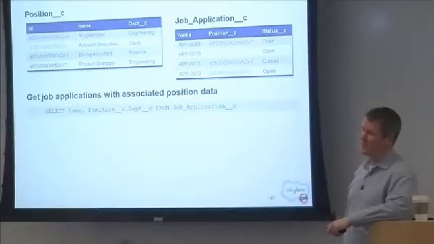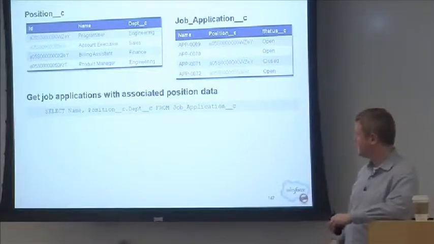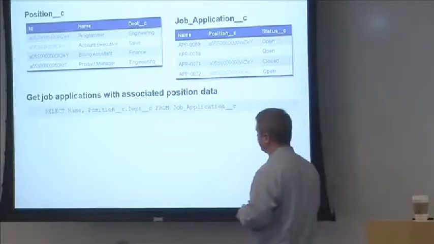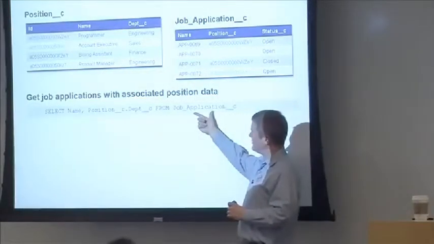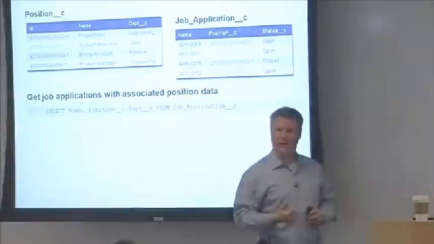All right, so in our first example, we're going to do a right outer join. If we were to do some pseudo type of language for what we're looking for, we want to get job applications and the associated position data. So in this case, we'd be selecting from the job application object. But notice how we're going to use the double underscore R syntax.